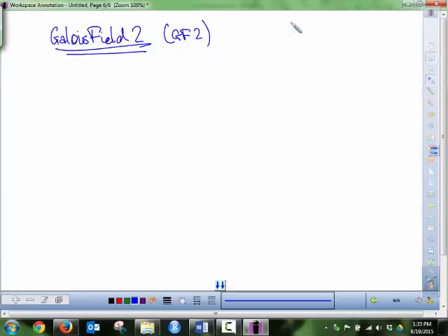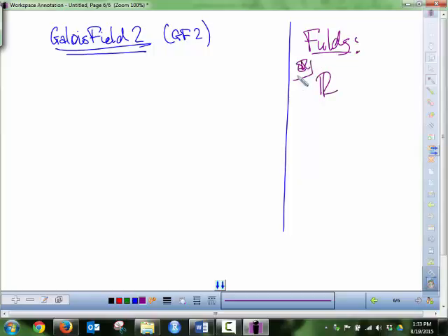Now, let me take a quick detour on fields. So examples of fields are the field of real numbers. If I add two real numbers, I'm going to get another real number. If I multiply two real numbers, I'm going to get another real number.